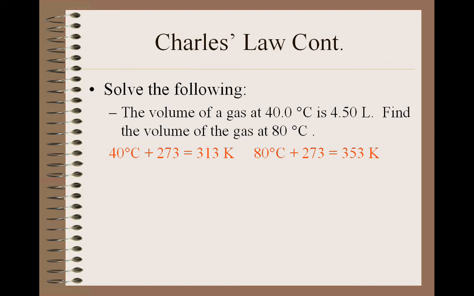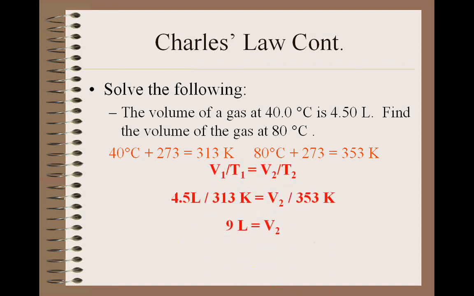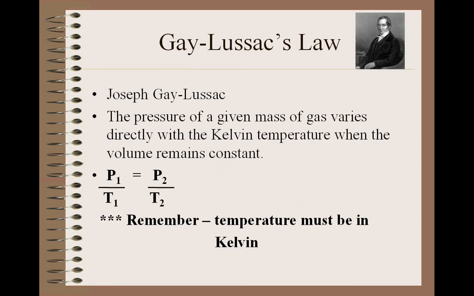Okay, but remember we have to convert Celsius to Kelvin. So 313 Kelvin and 353 Kelvin are our final temperatures, and now we can plug them in to find that 9 liters is the volume at 80 degrees Celsius, or 353 Kelvin.